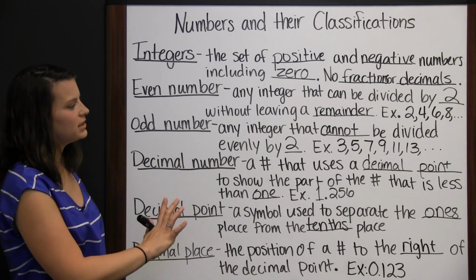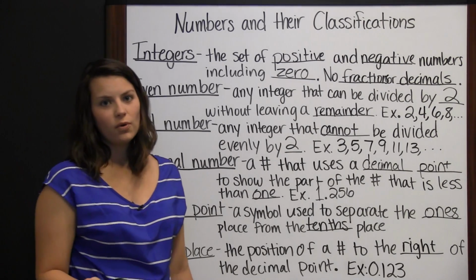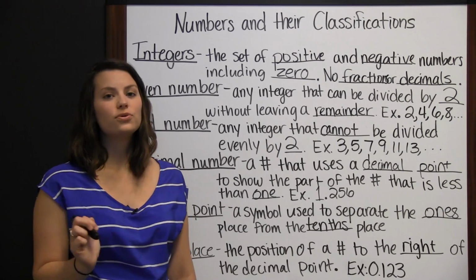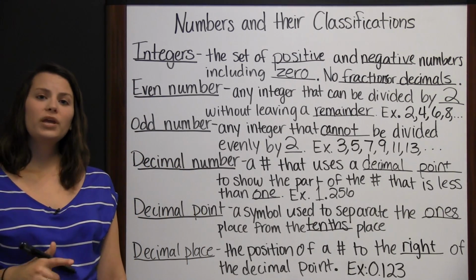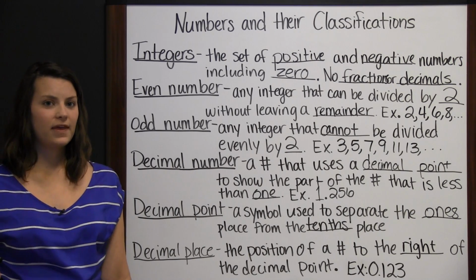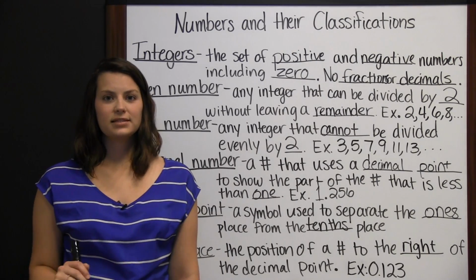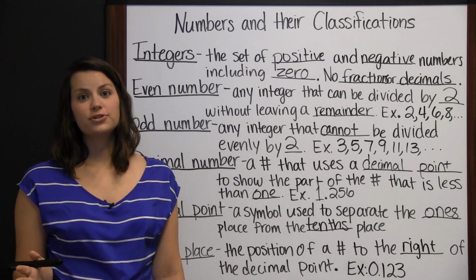So what our whole system is based on is the base 10 system. We have 10 different digits to work with, 0, 1, 2, 3, 4, 5, 6, 7, 8, and 9. And we can arrange those numbers in lots of different ways that mean lots of different things. But of course there are other systems besides the base 10 system, like the binary system. And that's what computers use.